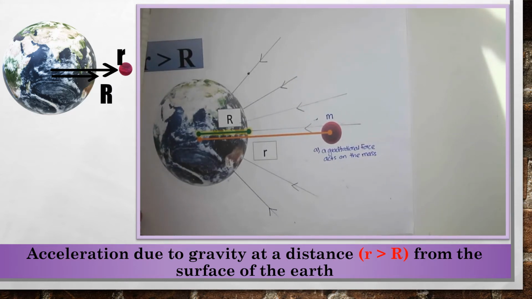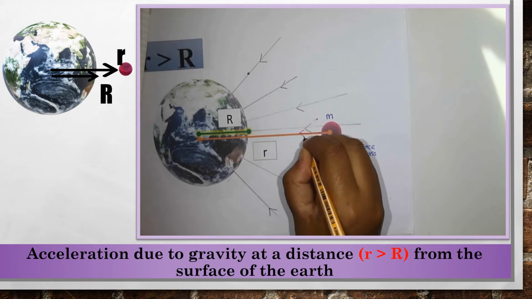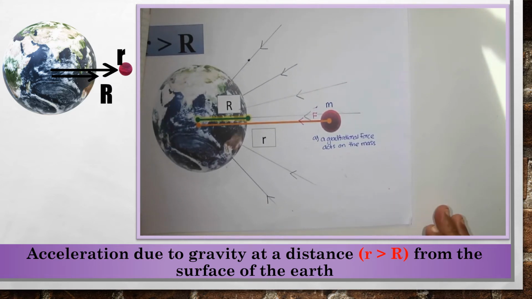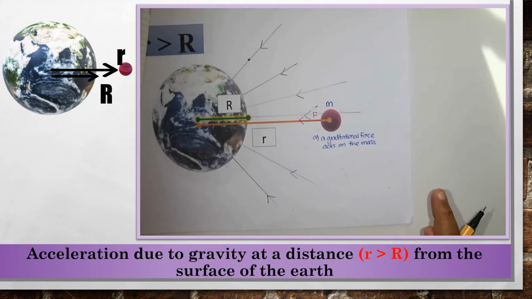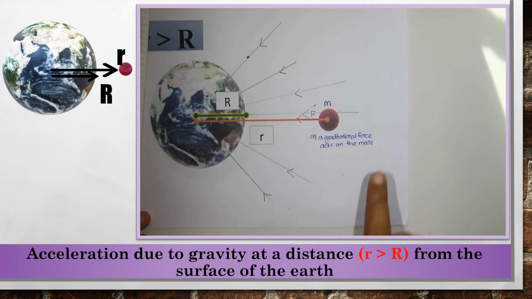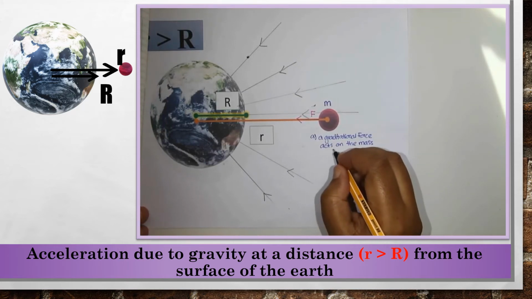The direction of the gravitational force will be in this direction, F, which is towards the center of the earth. Of course, we also have a gravitational force here, but that one is under the concept of Newton's third law, so we are going to focus on this first. What will be the formula of the gravitational force?